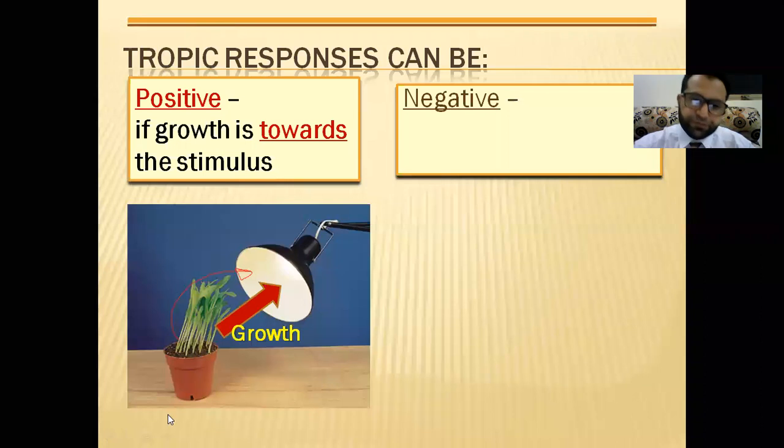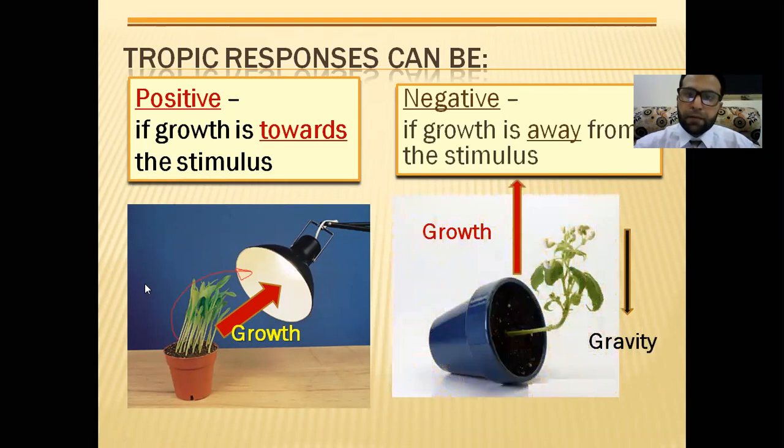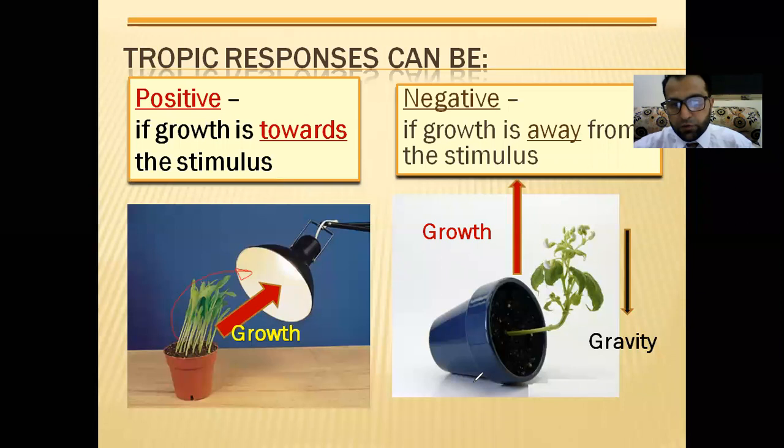Now, if the growth is away from the stimulus, that is negative tropic response. In this case, if you can see here, this is gravity, right? Now the shoot of plant is growing away from gravity, right?